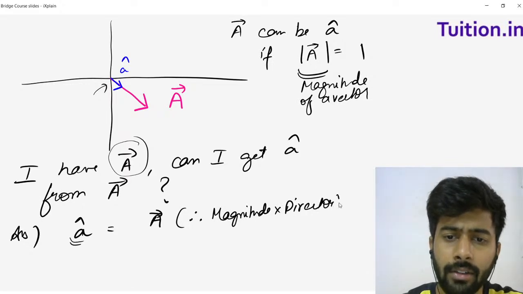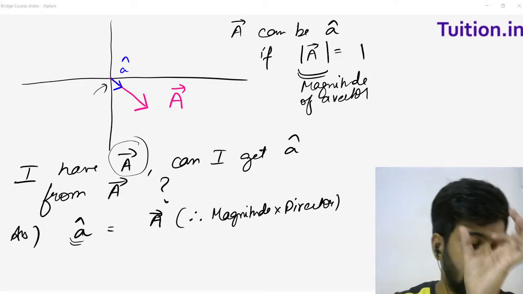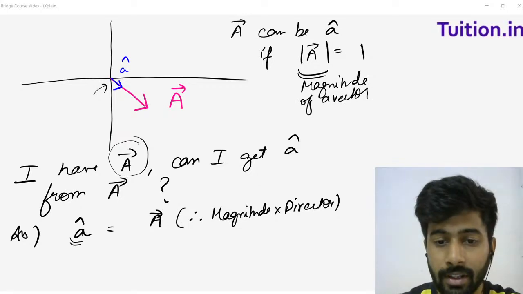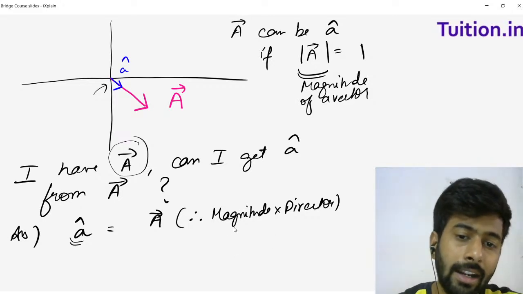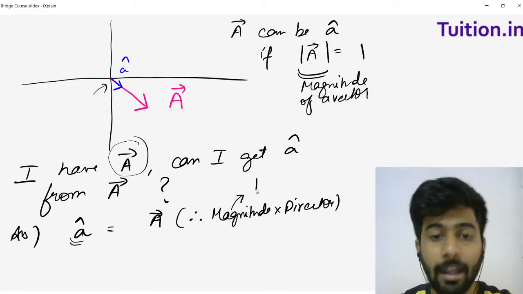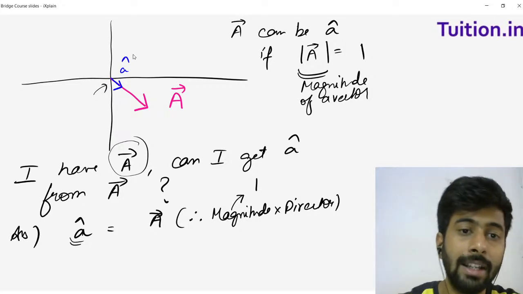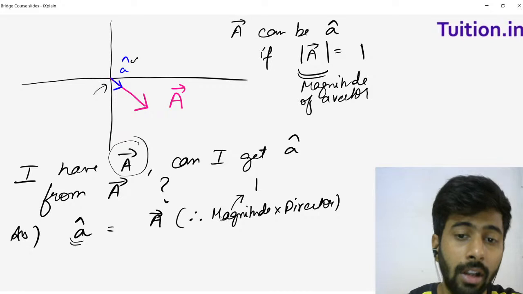Any vector, as we have been repeatedly seeing, is a product of magnitude and direction. That is how your a bar also is. If I can get rid of this magnitude, or in other words, make this magnitude 1, then I can get a cap. Because ultimately a cap is that vector which points in the same direction as a bar, but its magnitude is 1. So how will you make the magnitude 1?